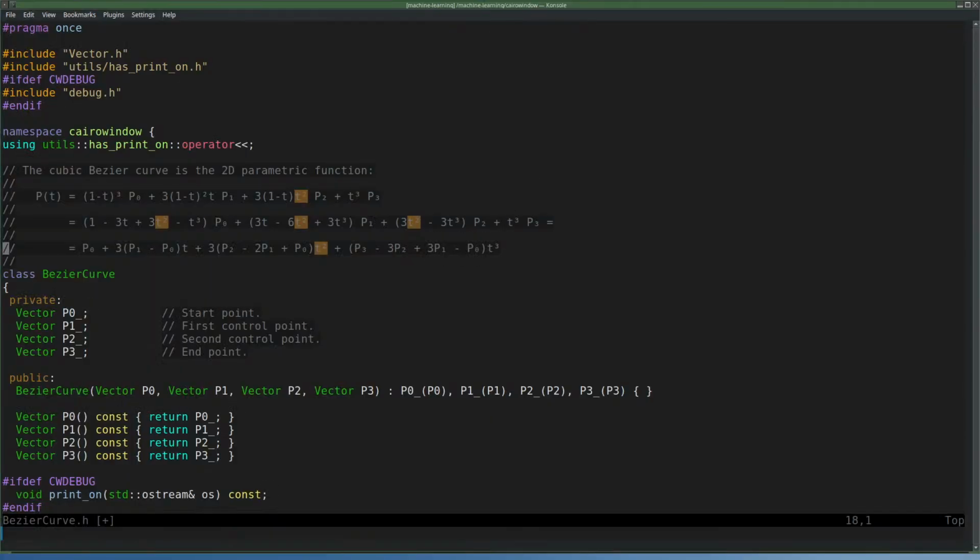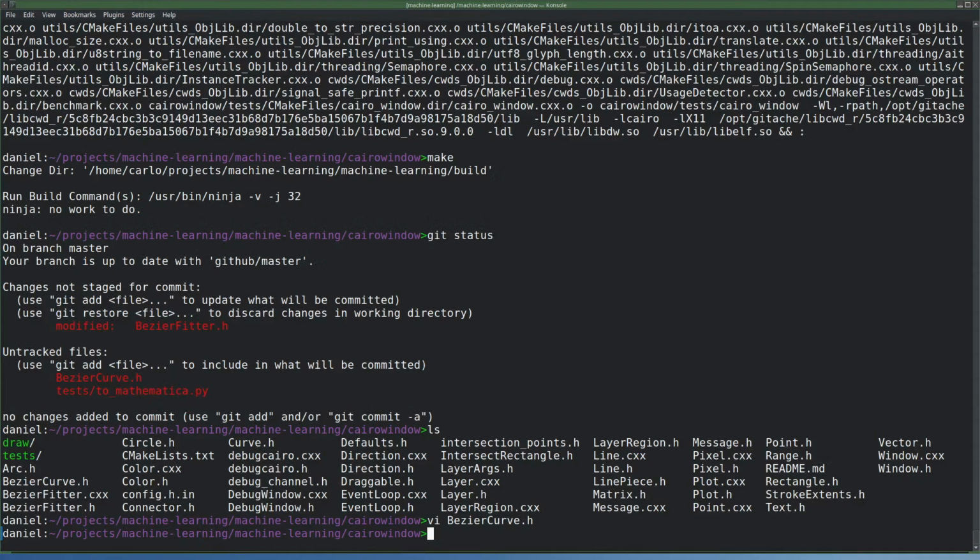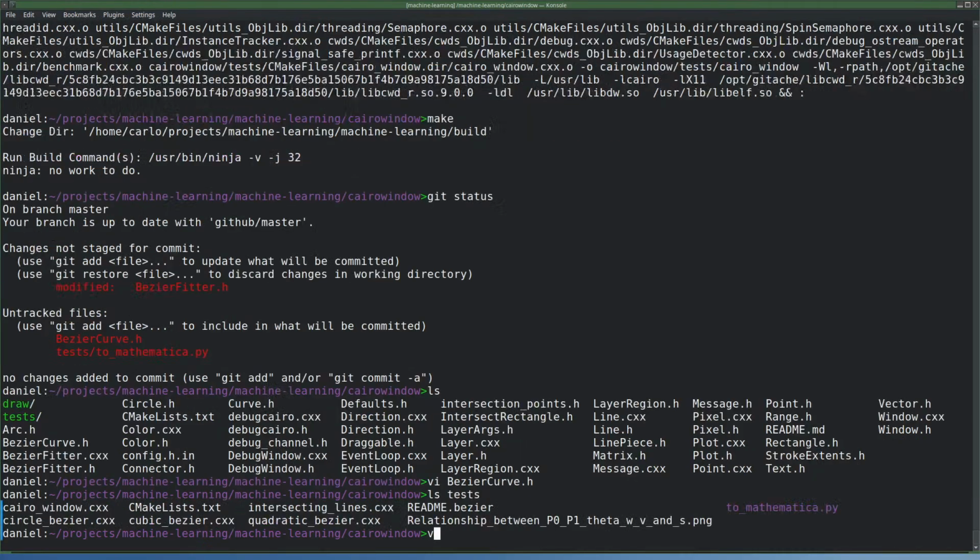Oh, fuck it. I have it, or I have it myself. Let's just compare it with my own code for the cubic Bezier. Oops, which file was I editing? Oh, this one.